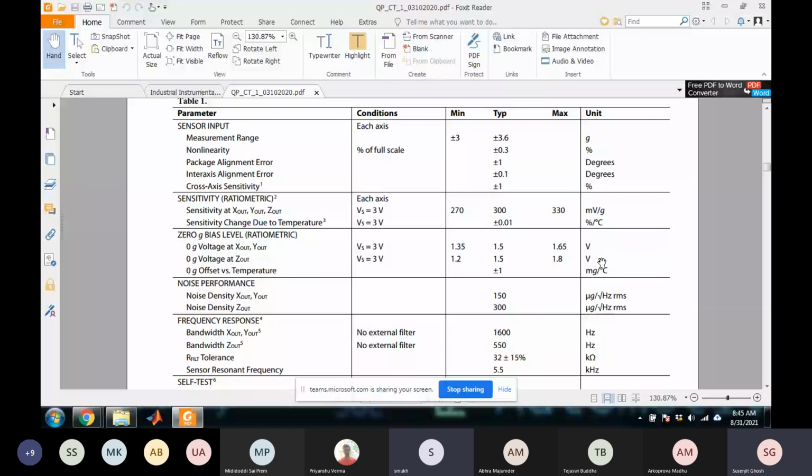So it goes from 0.42 to 2.58. But 1.5 plus minus 3.6 into 0.3. Is it not?